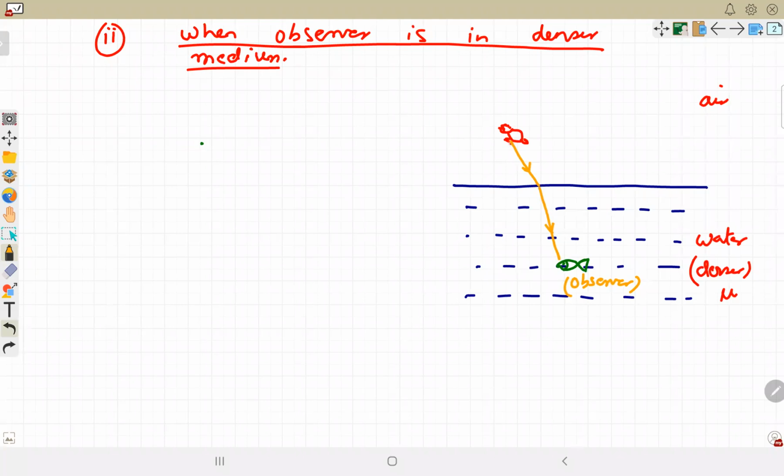One light ray we can assume is the perpendicular one. When we extend these two, it seems to form a virtual image above the actual position of the bird. The actual position of the bird is O, the object position, and now the fish will be observing the bird at position I, which is nothing but the virtual image.